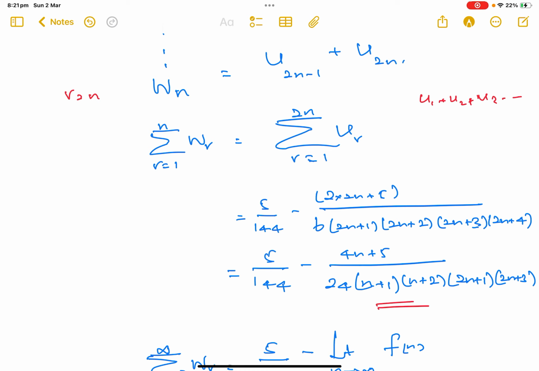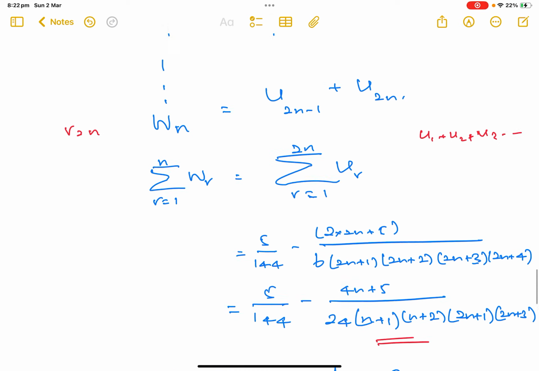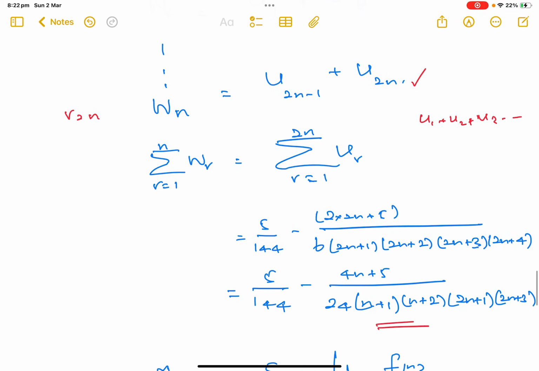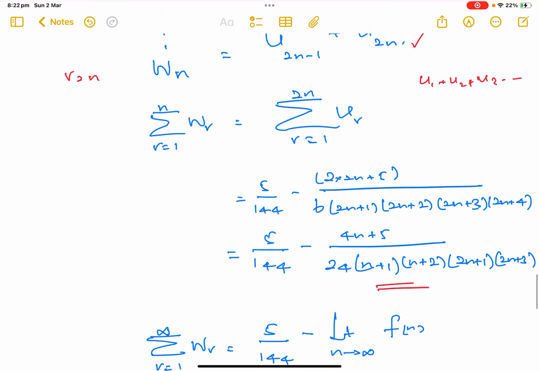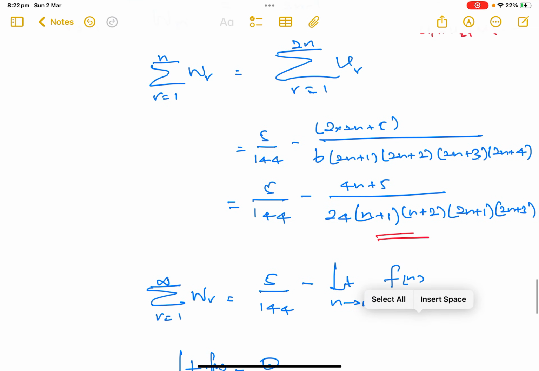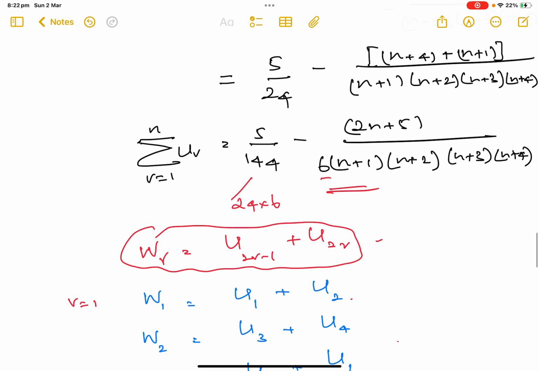So the right-hand side is sigma r from 1 to 2n, because it comes to 2n. So not n, 2n. So r from 1 to 2n, simple as that. So instead of n, it's 2n. That's it. The left-hand side, keep it like that, nothing changed. All you do is just substitute. We already proved this one.